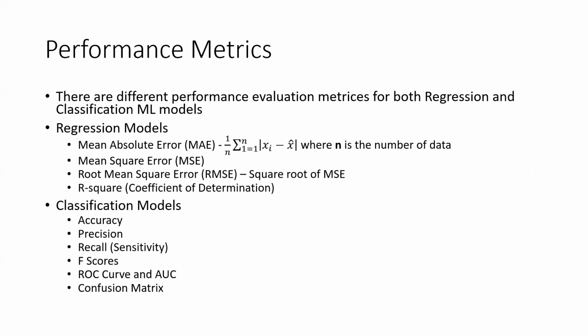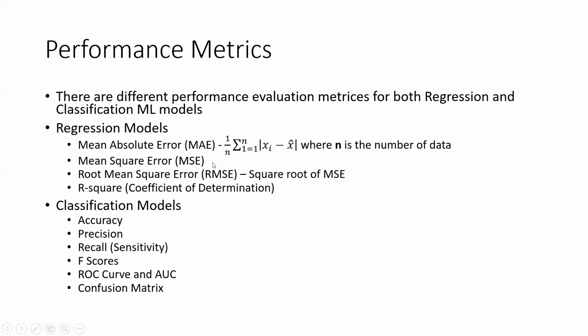In regression models, mean absolute error is one of the techniques for evaluating them, where you take the data point and the predicted value and take the absolute difference, and then add these absolute errors for all the data points and divide by the number of data points, right? This is how we get the mean absolute error.